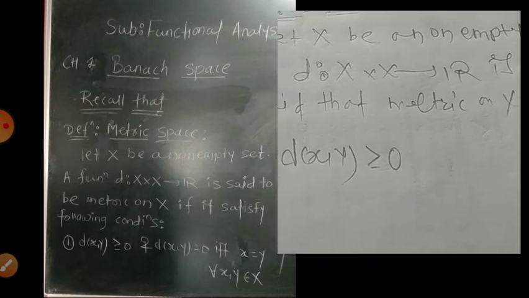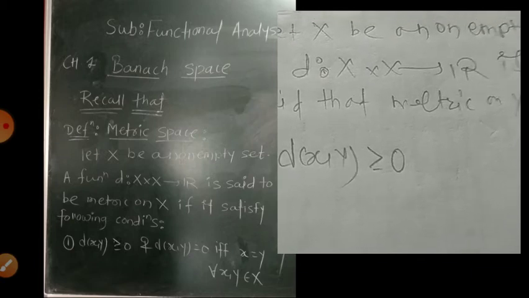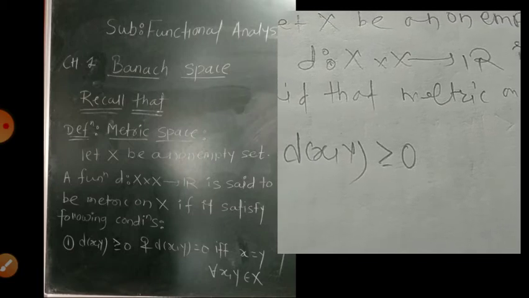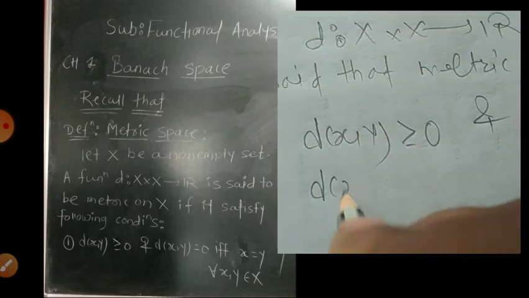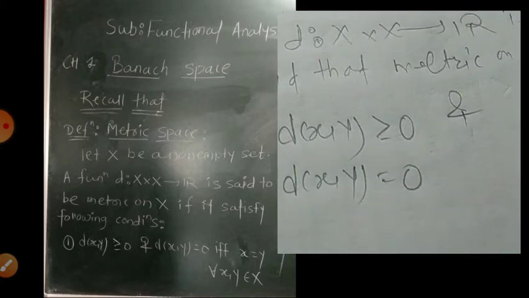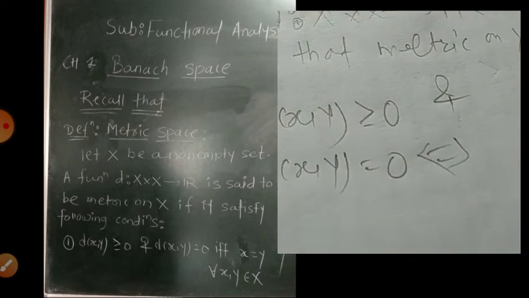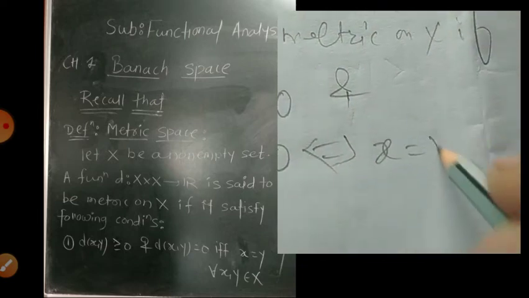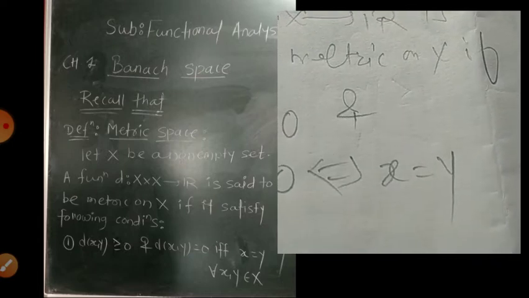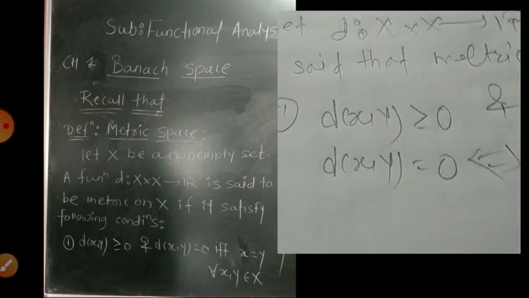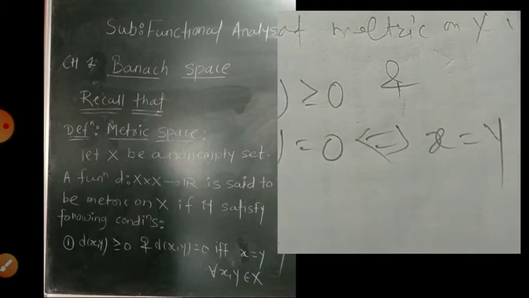Here there are two cases: either the distance equals 0 or it is greater than 0. If the distance between any two points is 0, that is possible if and only if the two points are equal. If the distance between two points is 0, then clearly these two points are equal.